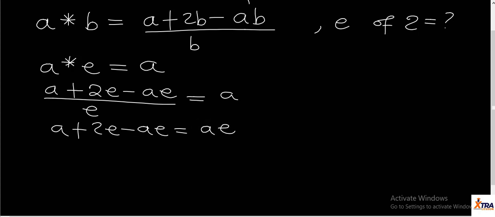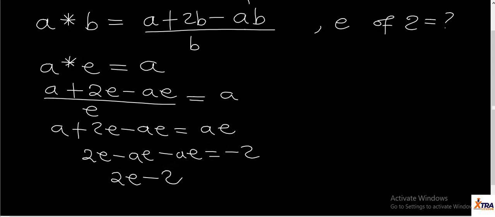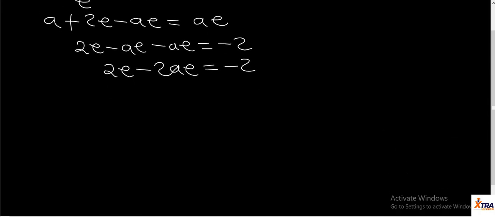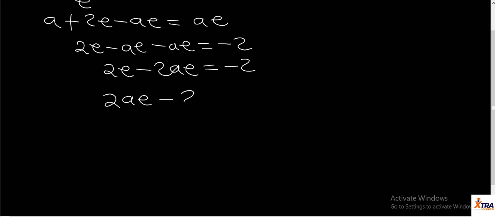Collecting items of AE, we'll be having 2E minus AE minus AE equals minus A, which gives us 2E minus 2AE equals minus A, which can alternatively be written as 2AE minus 2E equals A, when we multiply through by the negative sign.